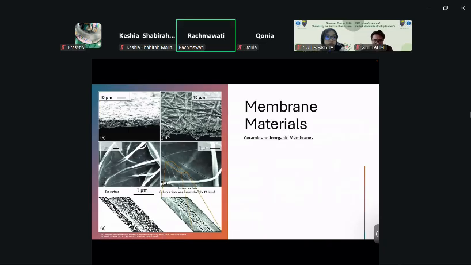And there is also ceramic and inorganic membrane. The first one is the polymeric membrane, that's the organic membrane. But this one here is the ceramic or inorganic membrane. So let's say I don't want to work with organic material; I want to work with something inorganic, with composites.